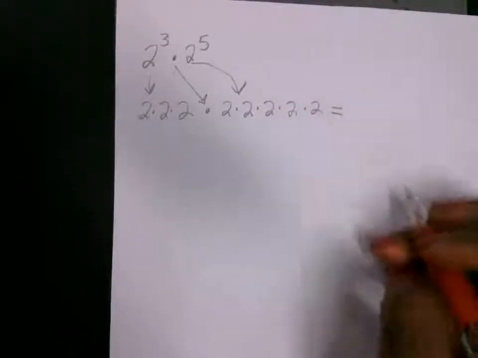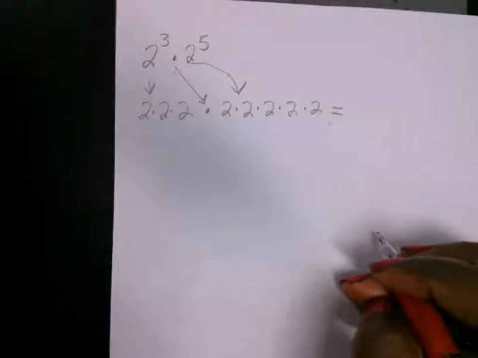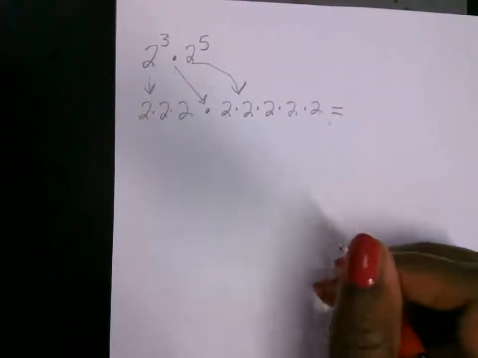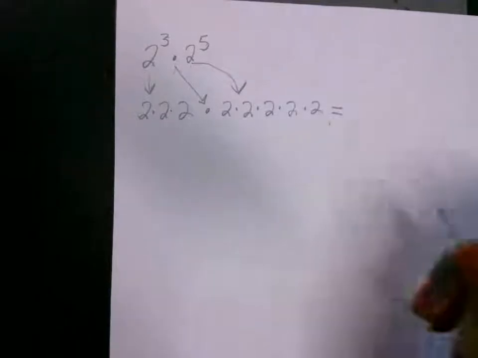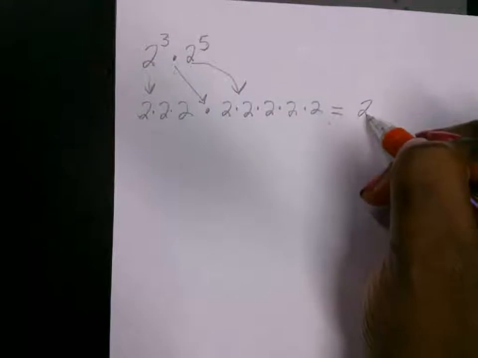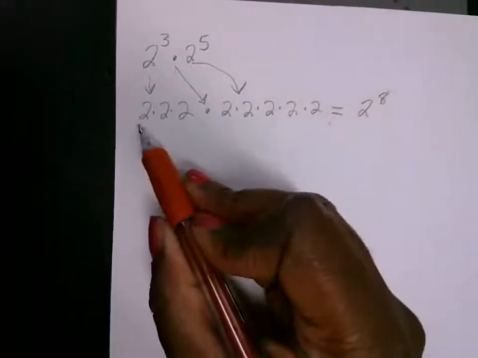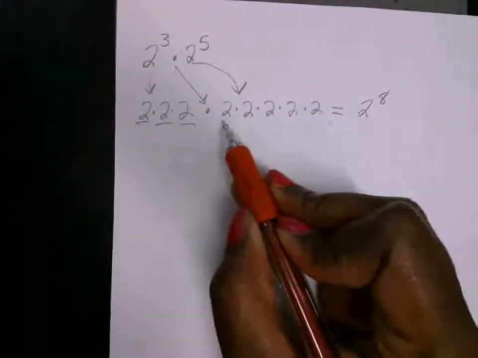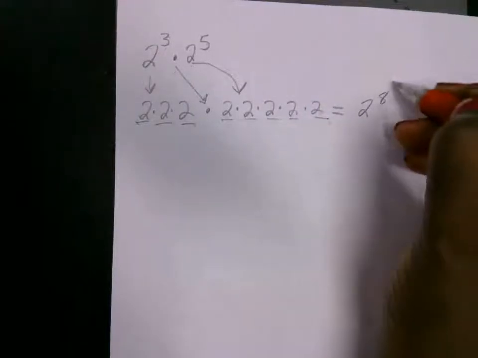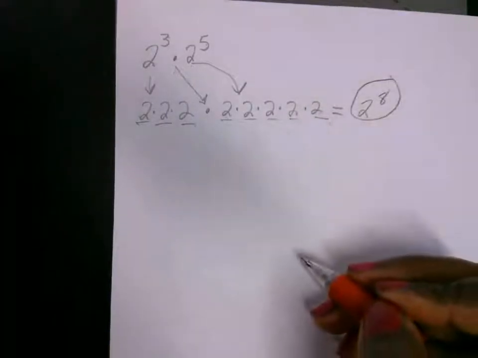So how much is 2 being multiplied times itself? What's the total amount of times that 2 is being multiplied? Count. Somebody said it? 8. So my answer here is going to be 2 to the 8th power. That's 1, 2, 3, 4, 5, 6, 7, 8. So my answer is 2 to the 8th power.